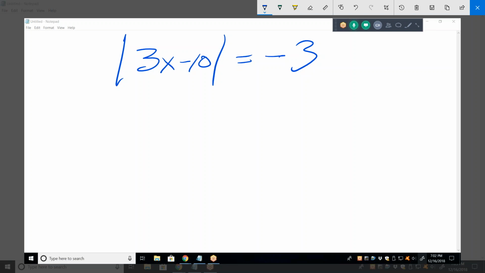Well, that's what I did, and that actually produces a couple of solutions. But if you plug them in, neither one of them works. Why? Because this always has to be a positive number. When you're taking the absolute value of something, the result can never be negative. So this has to have no solution.